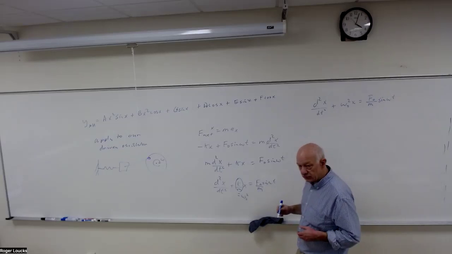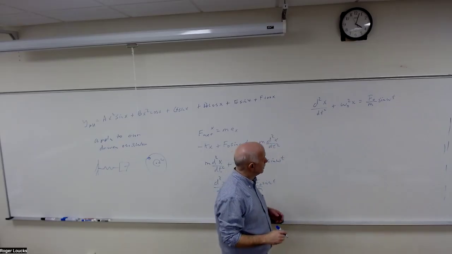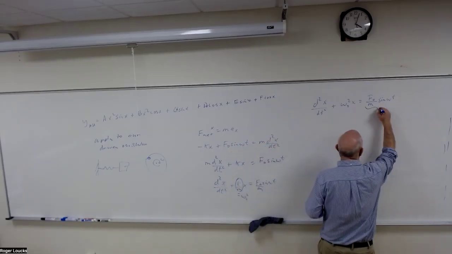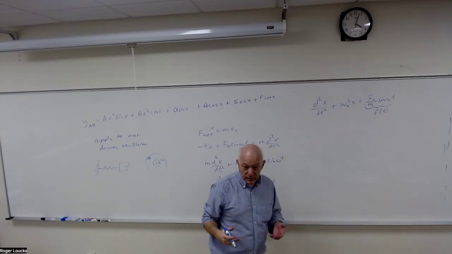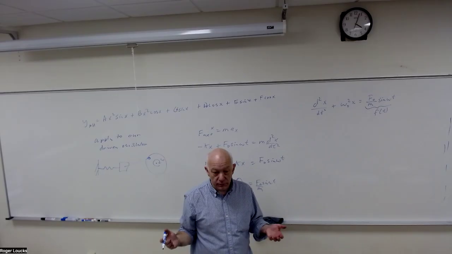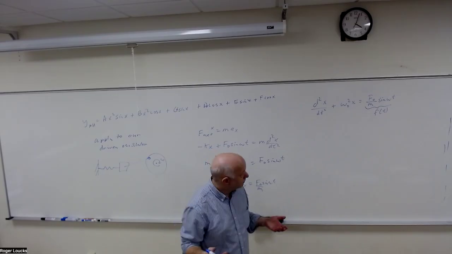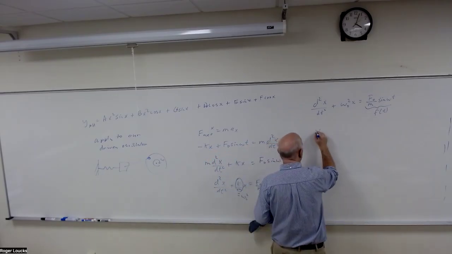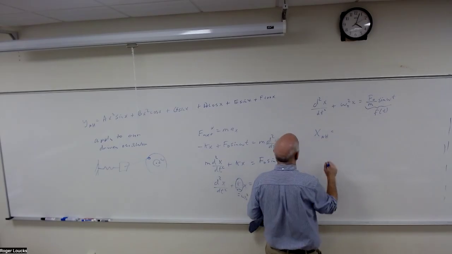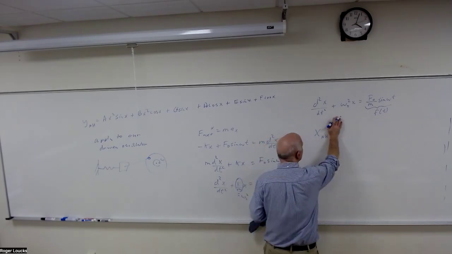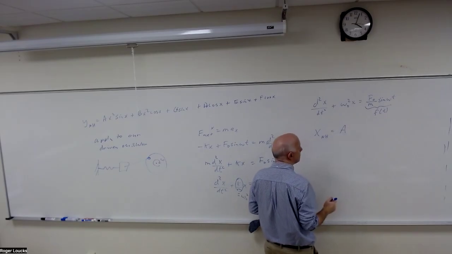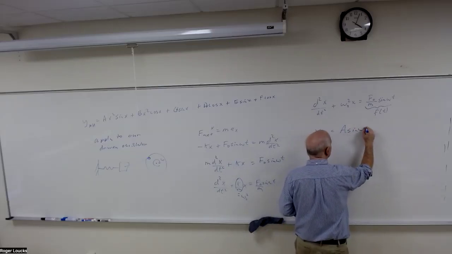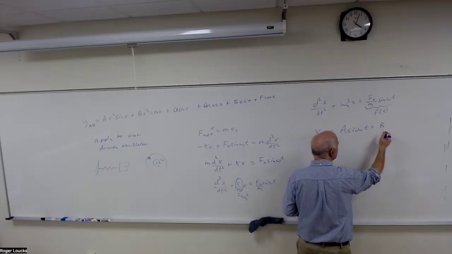Okay, so you tell me how to proceed. This is our non-homogeneous term. So we keep on differentiating that, looking for new pieces, and we only end up with the cosine. So our x non-homogeneous will have what form? A sine omega t plus b cosine omega t.